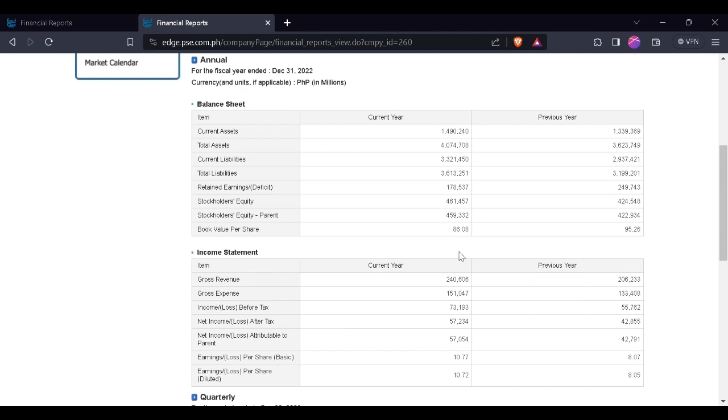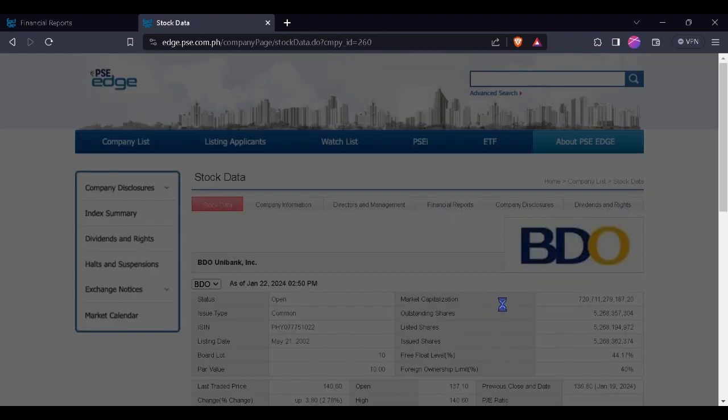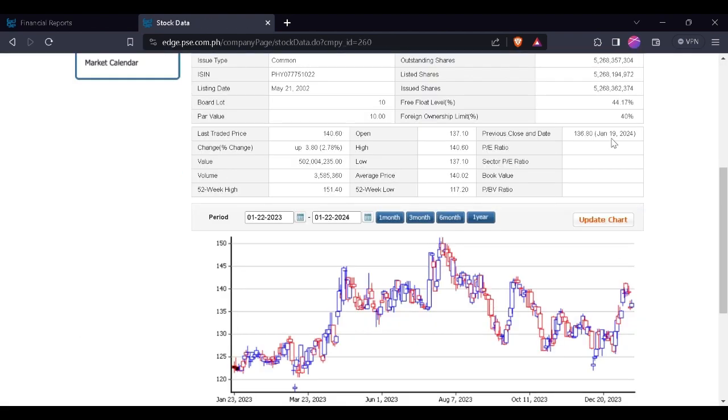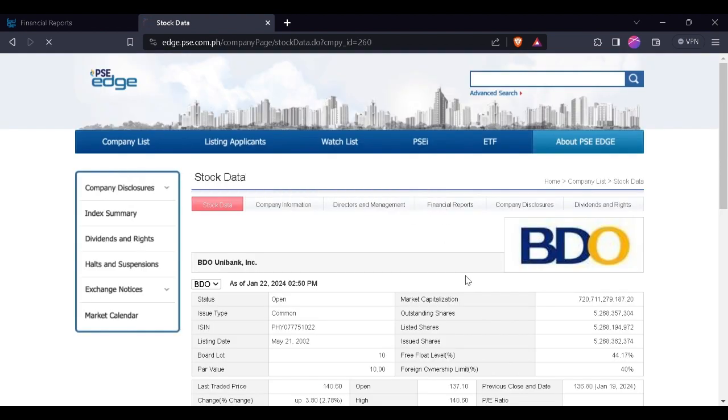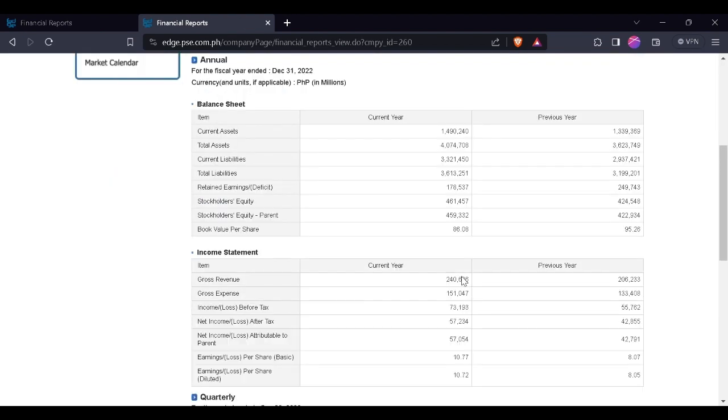So BDO right now, as per the January 19 close, is worth 136 pesos and 80 centavos per share. Now, we look for its earnings per share. So, we are using the diluted, which is 10 pesos and 72 centavos.